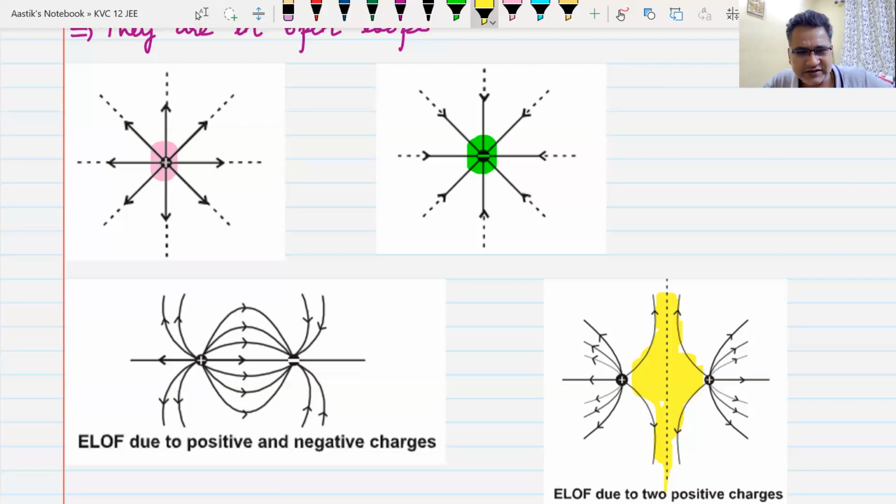Okay, lateral repulsion, they repel and they attract. That explains the attraction and repulsion between the two charges. That is definite, but not the exact answer, though somewhere close. I can't call it a wrong answer as well, but it's not right.